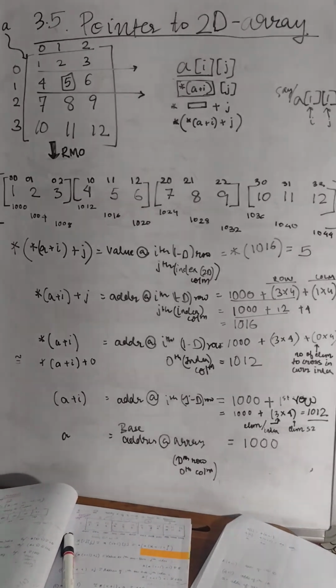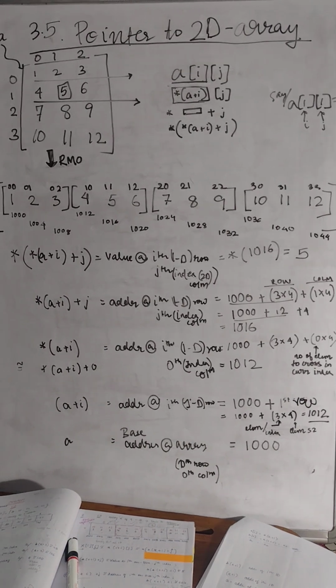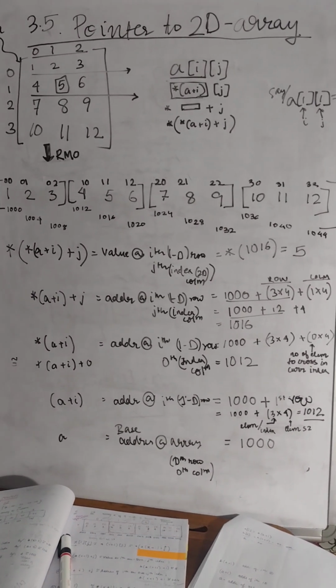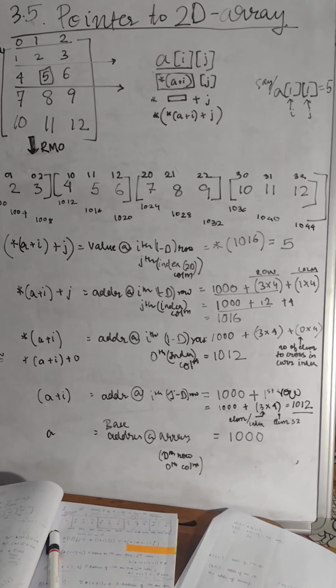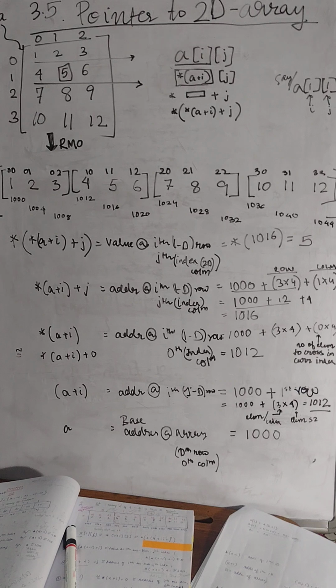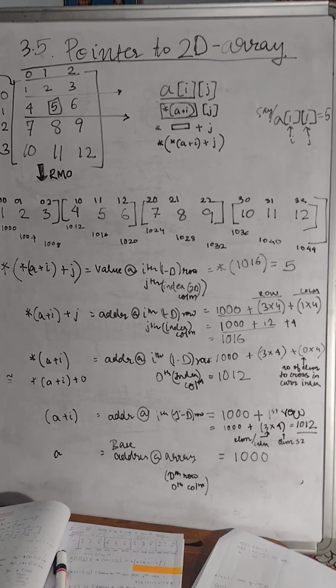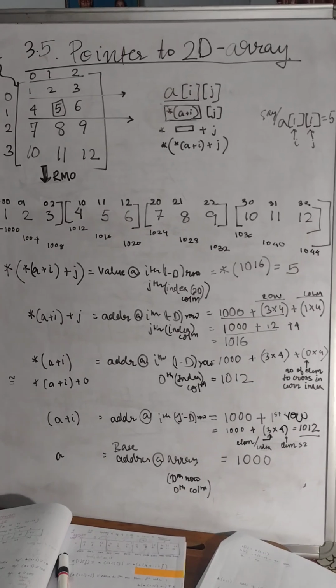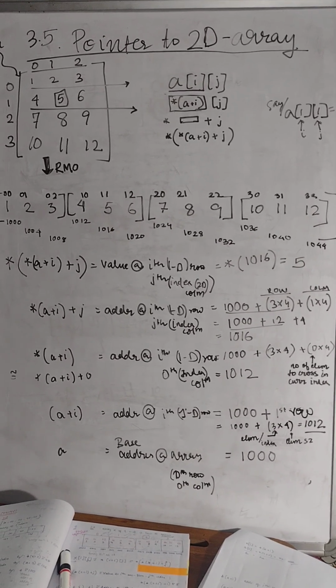You can imagine we have now entered, and we are at the value 4. So again 1000 plus 3 into 4, as 3 elements have been covered, having 4 bytes each since it's an integer array. Now we come to the 0th element of the first row, so 0 into 4, it remains the same as 1012.